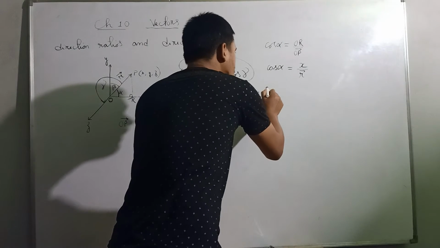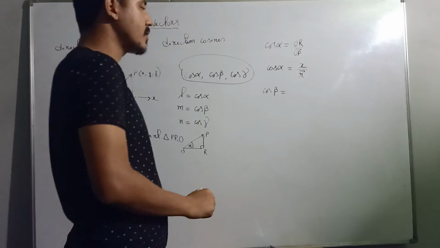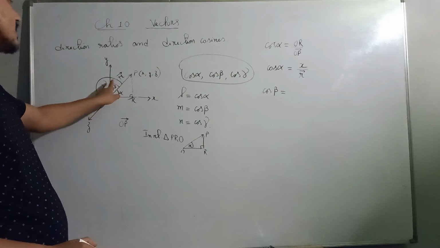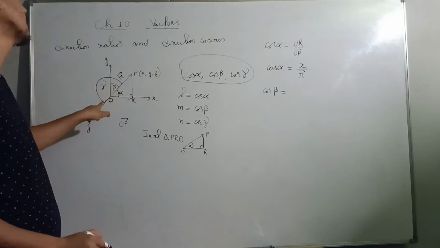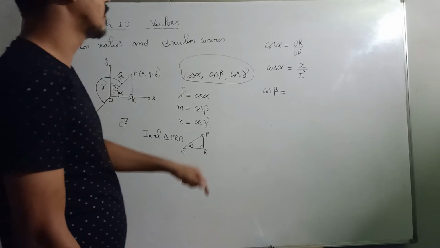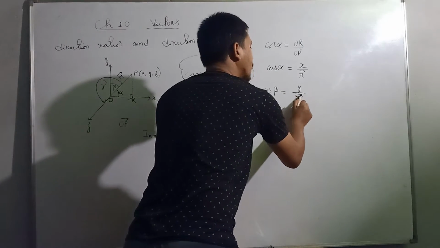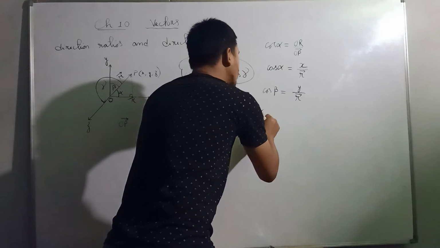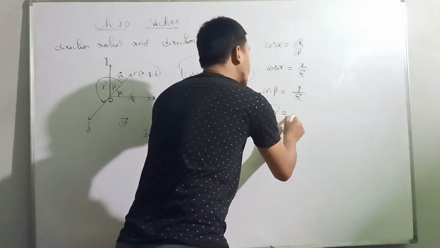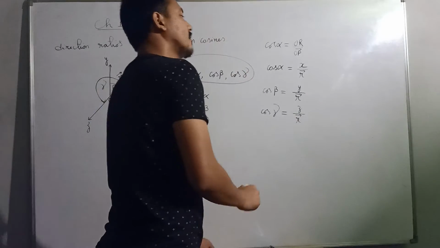Similarly, cos beta will be given by what? Beta is the angle made by this position vector of P with the y-axis. So, cos beta will be given by y upon position vector of P, right? Similarly, cos gamma will be given by z upon position vector.